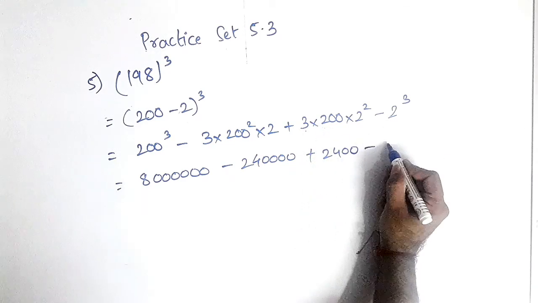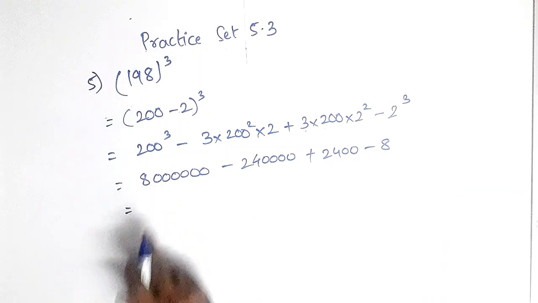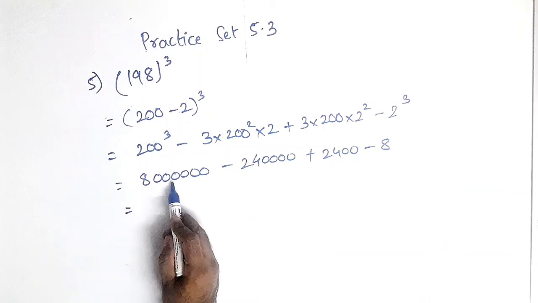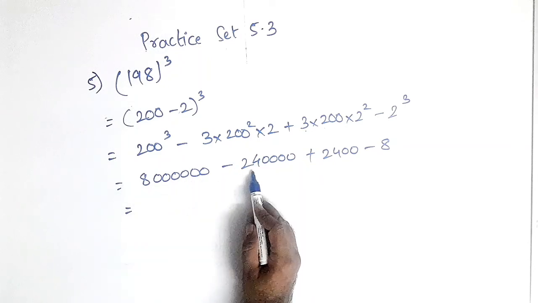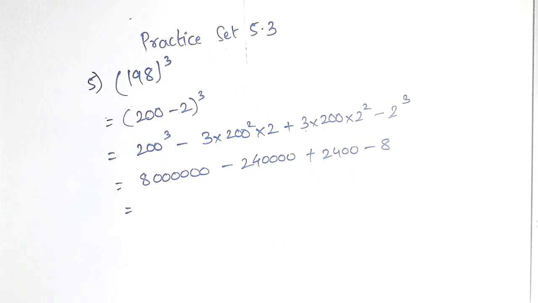Okay, minus 2 cube is 8. Okay, so this is 80 lakhs minus 2,40,000. 80 lakhs minus 2,40,000 is 77,60,000. Okay, 77 lakh 60,000, correct?